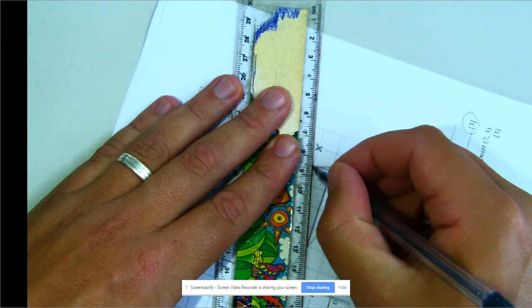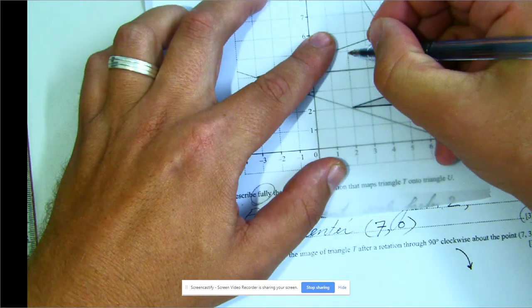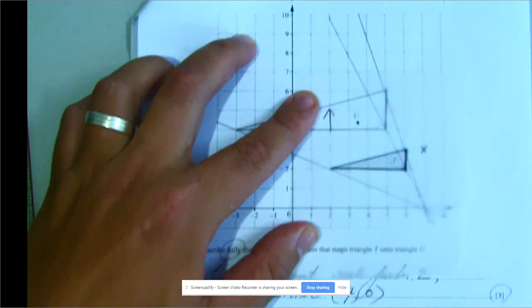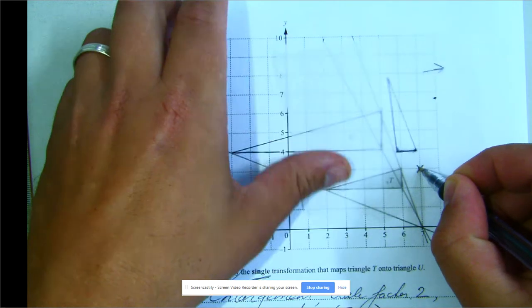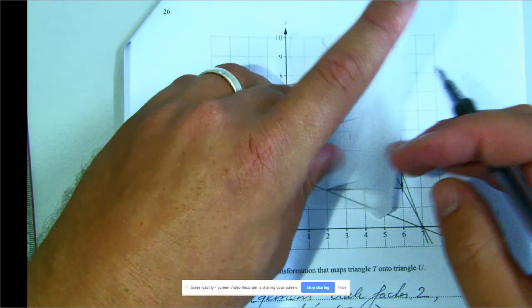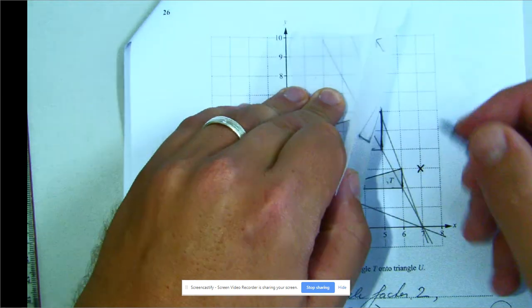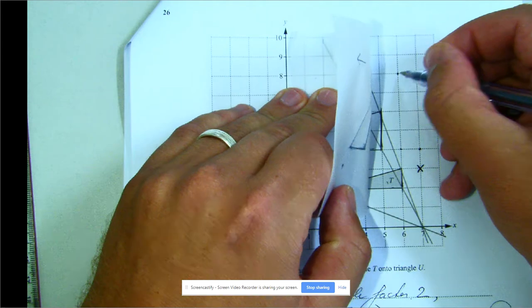So I'm tracing the triangle. There we go. An arrow to the north, so I know once I've done 90 degrees. Put my pen in the center and I start rotating. There we go. It's pointing to the right now. So I've done 90 degrees clockwise. And then I kind of, there we go, trace those vertices.